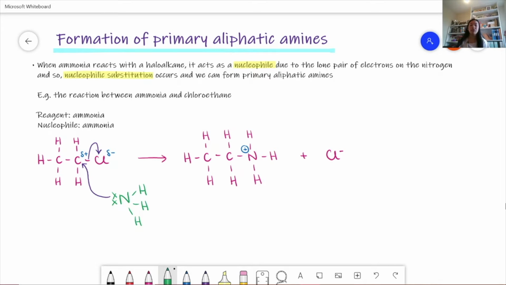A really important thing to remember about these nucleophilic substitutions with ammonia is that we actually have another ammonia nucleophile which attacks. And so a second ammonia is then attracted to the positive nitrogen.